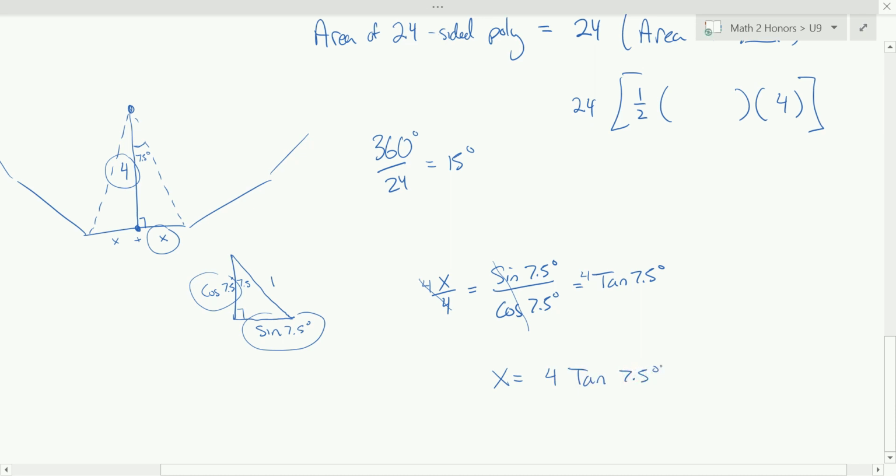So that's x. I want the full base, which is x plus x. So if I add that with itself, what do I get? 8 tangent, and you just keep the angle 7.5. Don't change the angle, right? And then from there, you go ahead and find out what you're looking for. So this would be 12 times 32 times the tangent of 7.5 degrees.